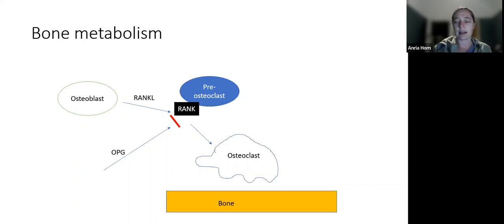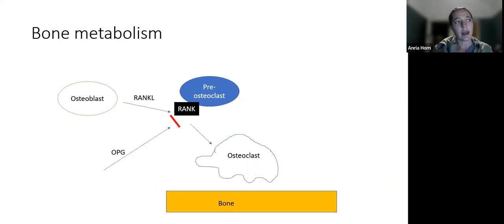That's why drugs like the bisphosphonates, which inhibit the binding of RANKL to RANK, amongst other things, and also inhibit the ruffled border of the osteoclast, decrease bone resorption. Another important molecule in this pathway is osteoprotegerin, which is also secreted by osteoblasts.